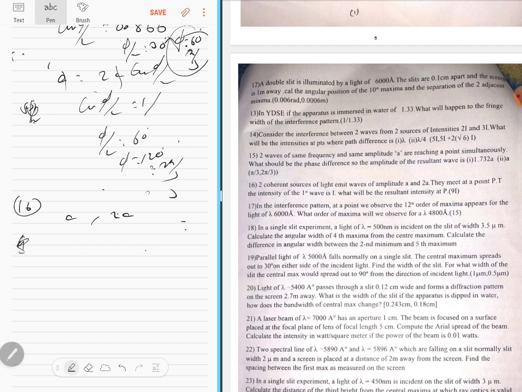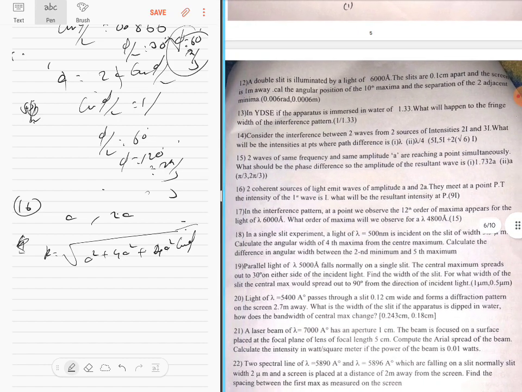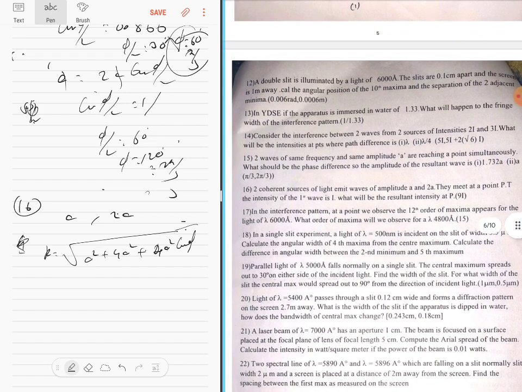Two coherent sources emit waves of amplitude A and 2A. They meet at a point P. The intensity of the first wave is I. What will be the resultant intensity at P?